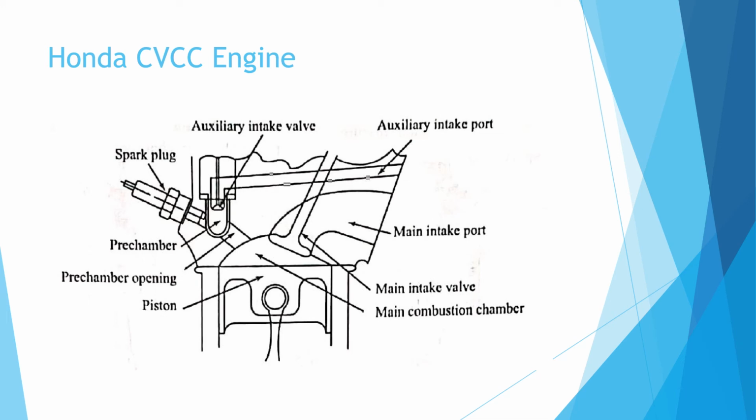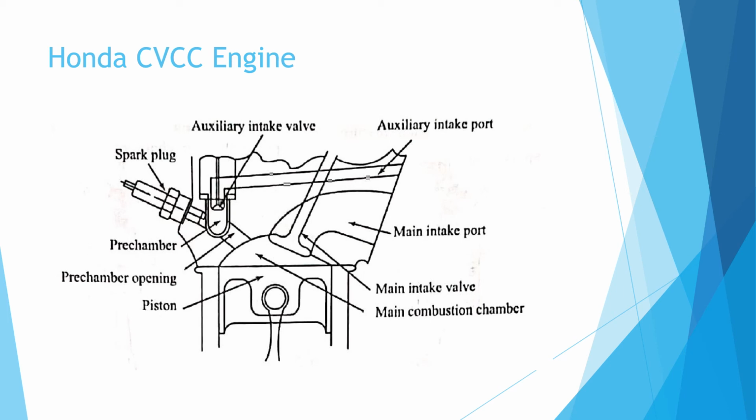However, it has an auxiliary combustion chamber around the spark plug. There is also a small additional intake valve fitted to the cylinder. Two separate intake valves are used on each cylinder. One valve is located in the pre-chamber and the other in the main chamber.